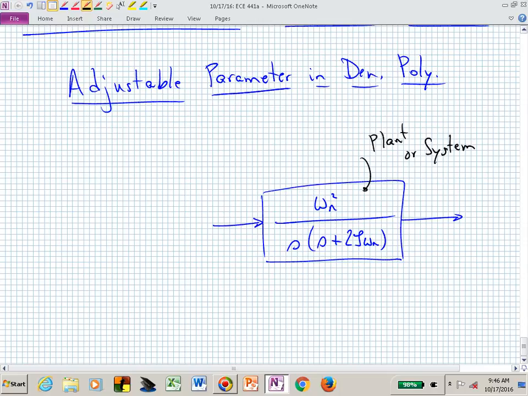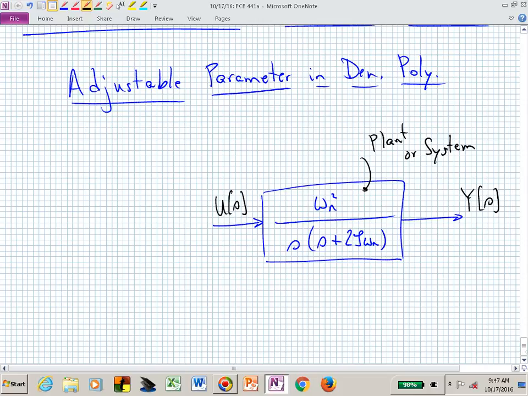Where are the poles of that plant? If we just said this is our open loop plant, where are the poles of that plant? The values of S that cause the denominator to vanish, right? So we have one at the origin, and we have another one at minus 2 zeta omega sub n.